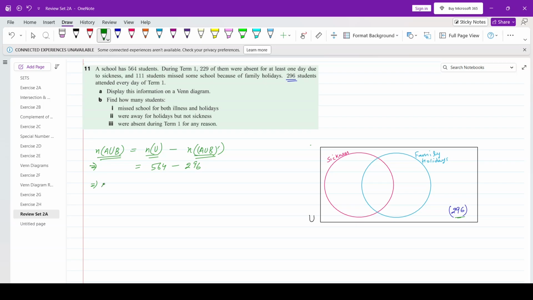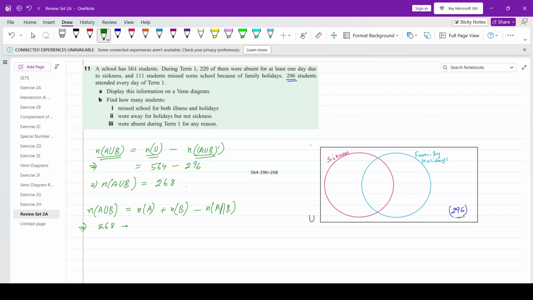So the number of elements in A union B is 564 minus 296, which is 268. And we also know the number of elements in A union B is equal to the number of elements in A plus the number of elements in B minus the number of elements in A intersection B.